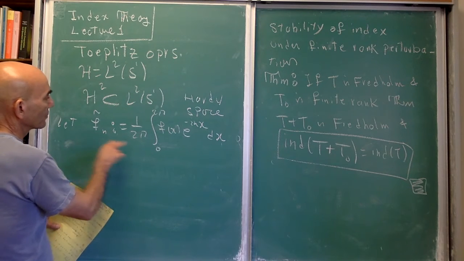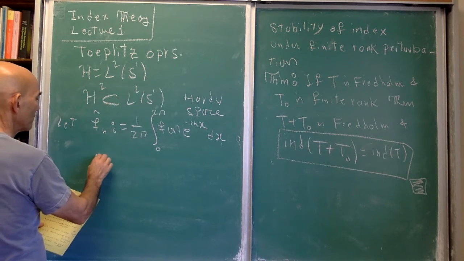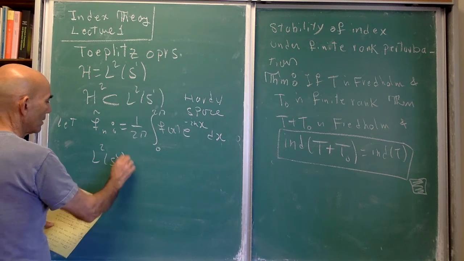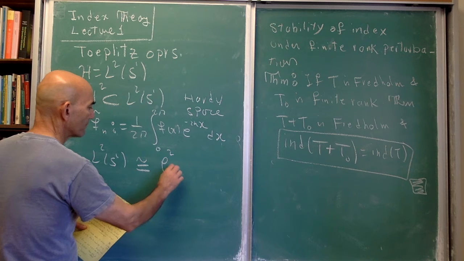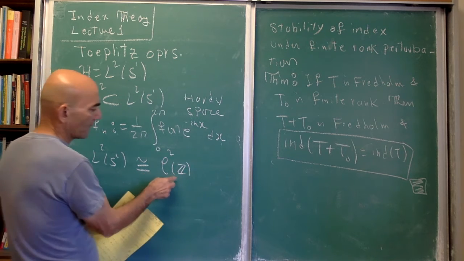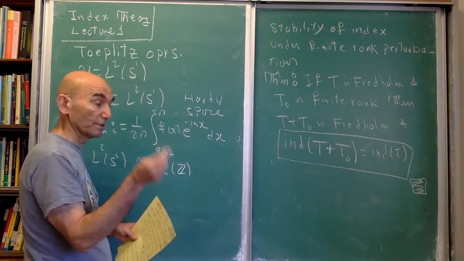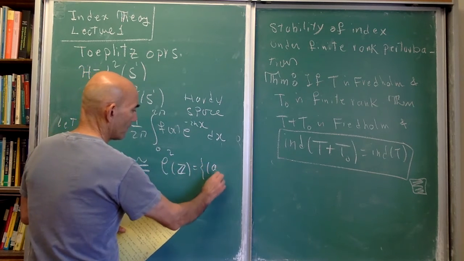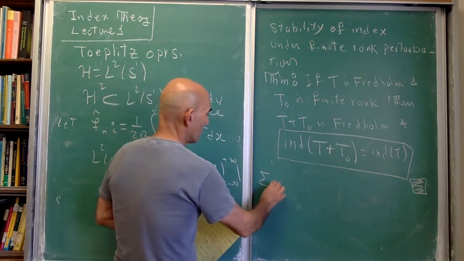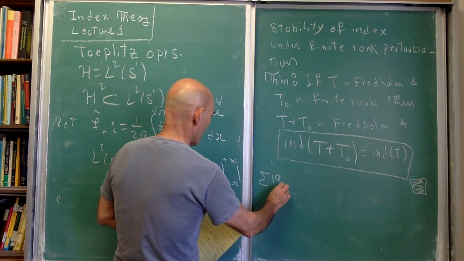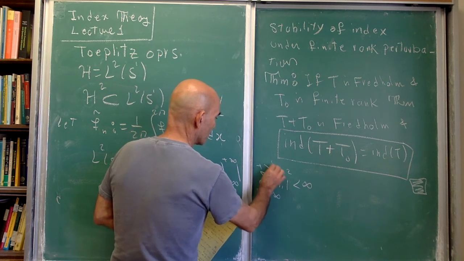So of course, under this Fourier transform, I mean this Fourier series, we have an isometry between L2 of S1 and L2 of Z. So L2 of Z are all L2 sequences that are indexed by integers, all integers, positive or negative, such that the sum of the absolute value of a_n squared is less than infinity, from minus infinity to plus infinity.